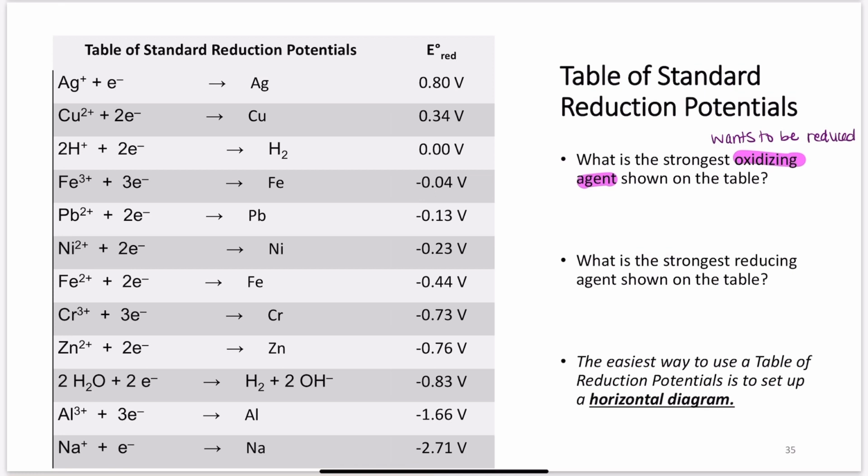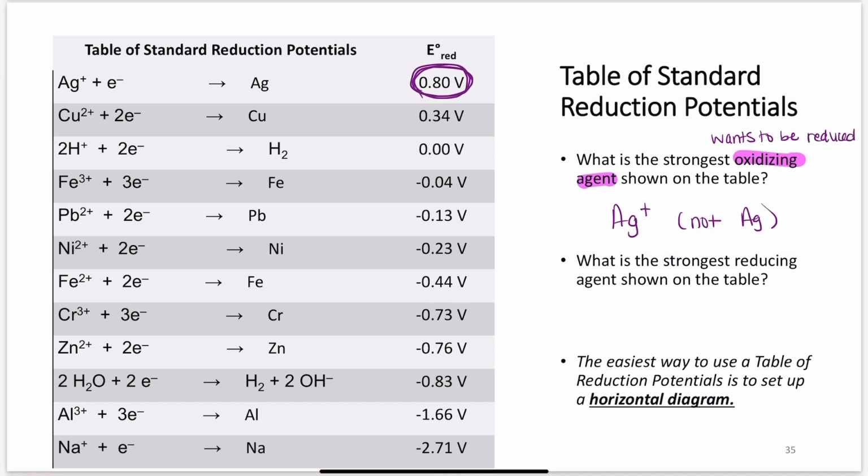Who has the strongest cell potential? Ag plus, not Ag. Right? The strongest oxidizing agent is whoever's willing to pay me the most in cell potential for an electron. Silver's willing to pay me the most.